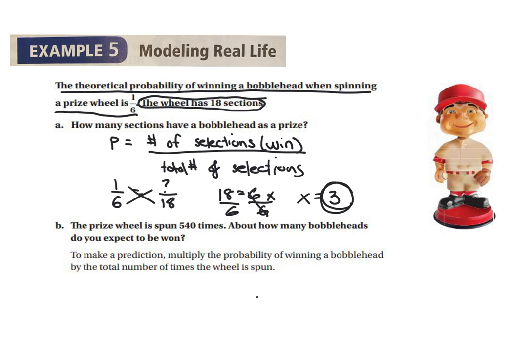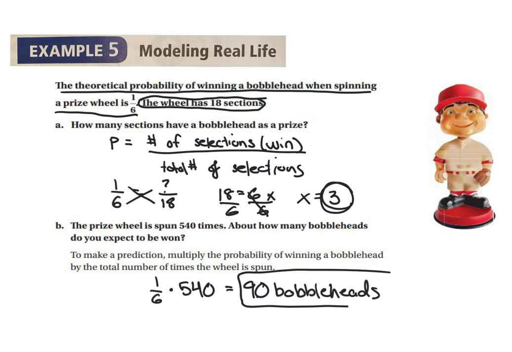So we'll take 1 over 6 times 540. 1 divided by 6 is 0.16 repeating times 540. That comes out to be 90. So we would estimate that 90 bobbleheads would be won if the wheel was spun 540 times.